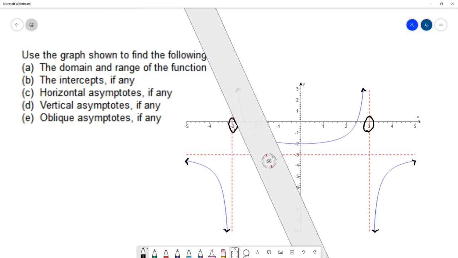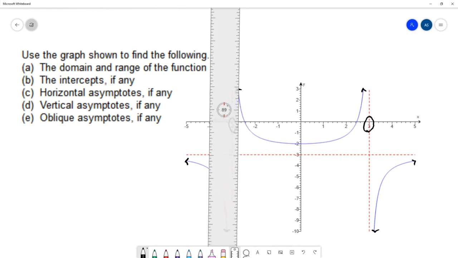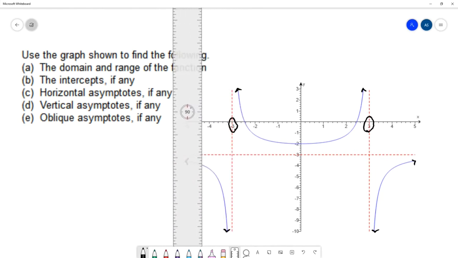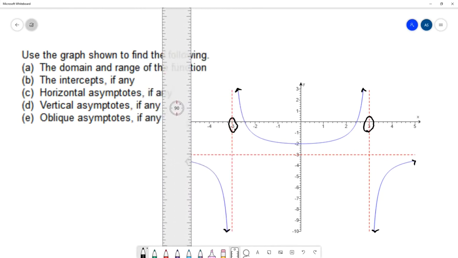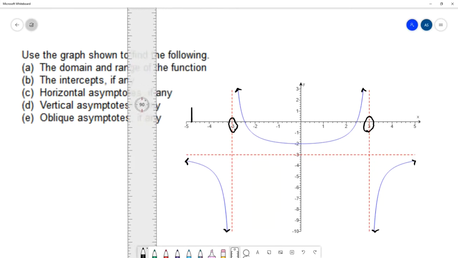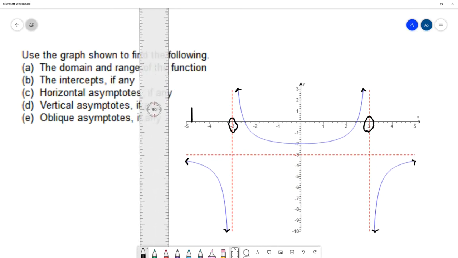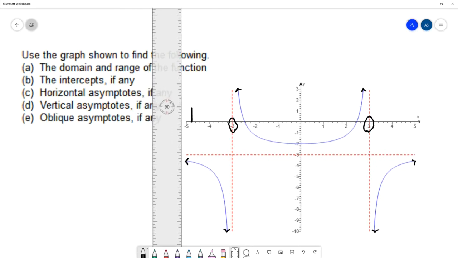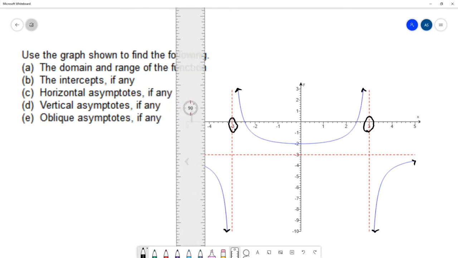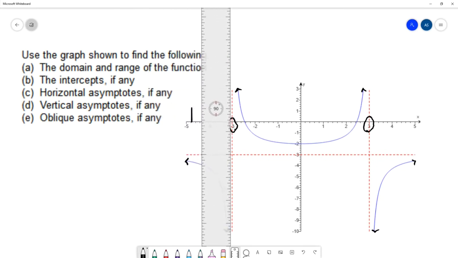I like to use a ruler if I'm not sure about it. I'm going to hold my ruler vertically, and the reason why I hold it vertically is because it points to your x-axis. So if I go from left to right, I can see that all of these points on the x-axis are covered until we get to that vertical asymptote.